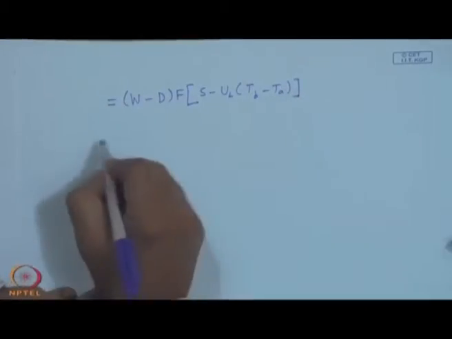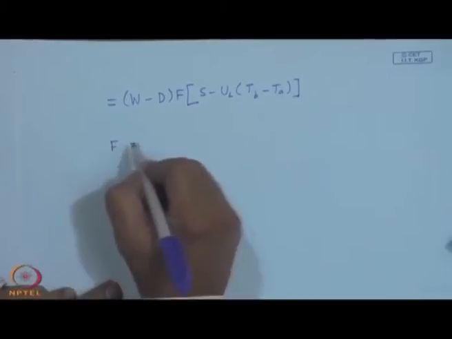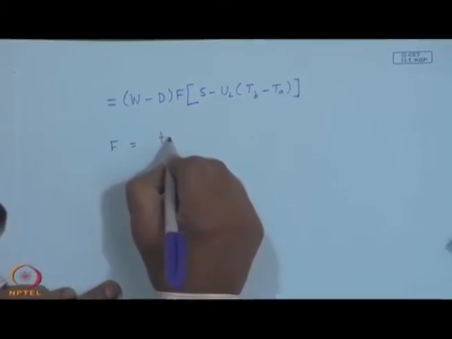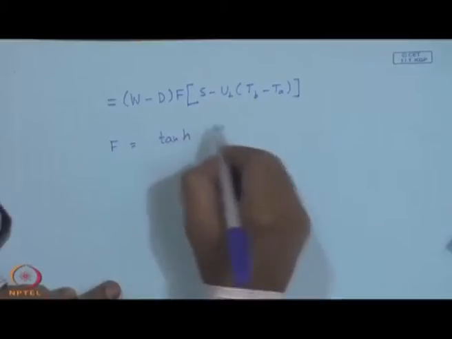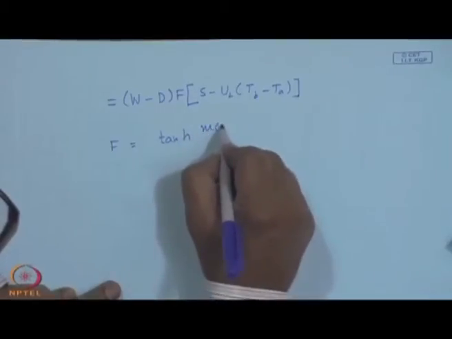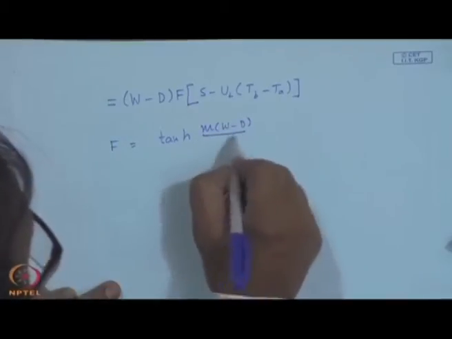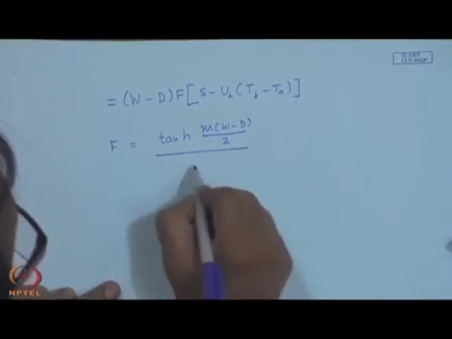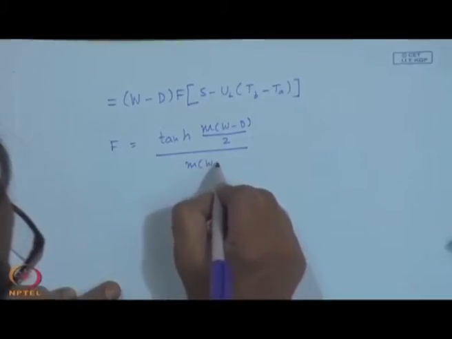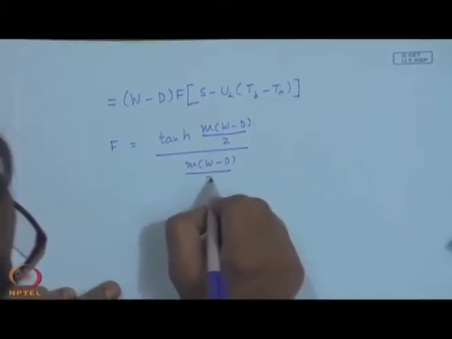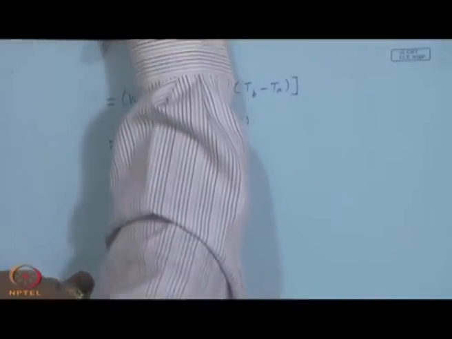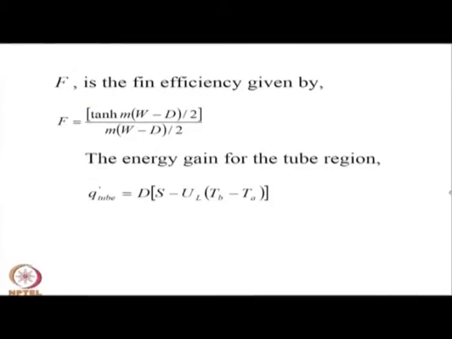Now you will find that F is tanh(m(W minus D)/2) upon m(W minus D)/2, and this F we now call the fin efficiency.